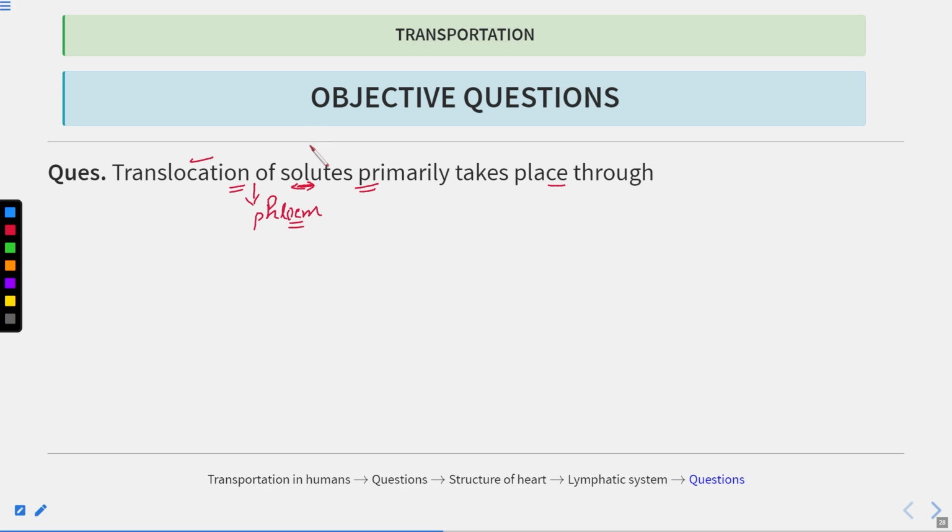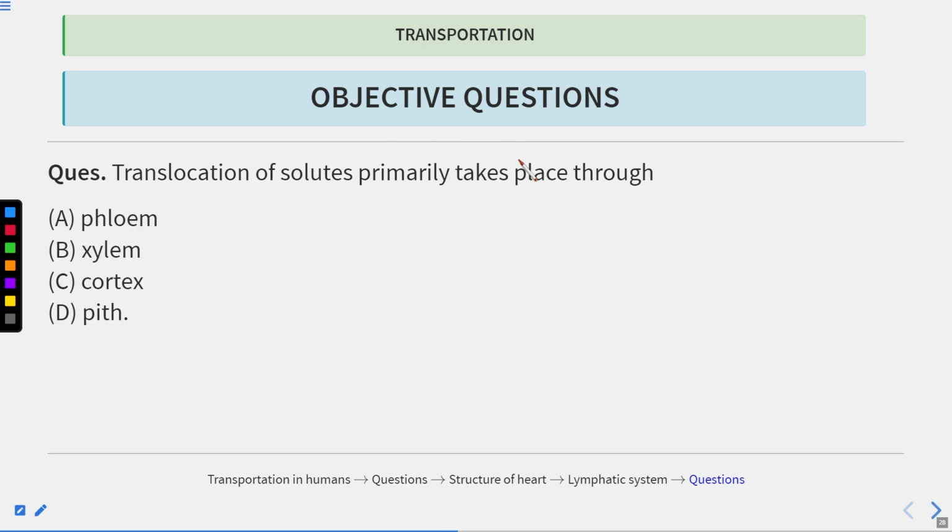So what are solutes? Solutes are the organic substances or organic molecules, or you can simply say the food that is produced by the plants. So let's have a look at the options here. First option is phloem, second option is xylem, third option is cortex, fourth option is pith.